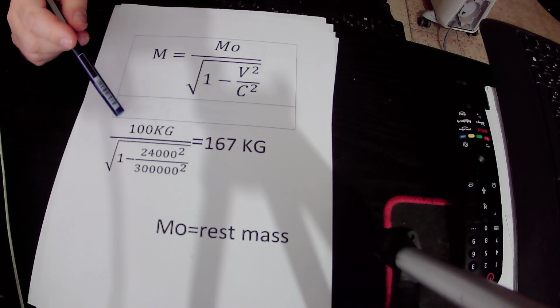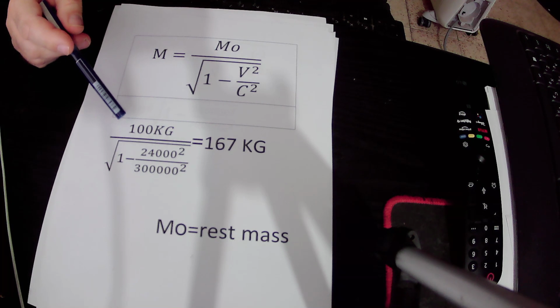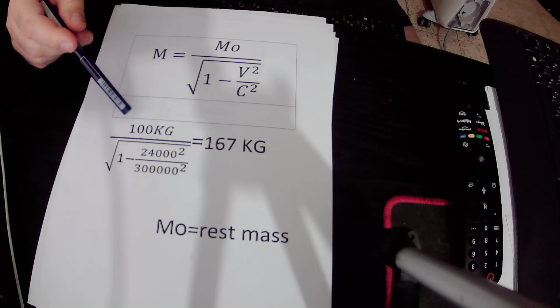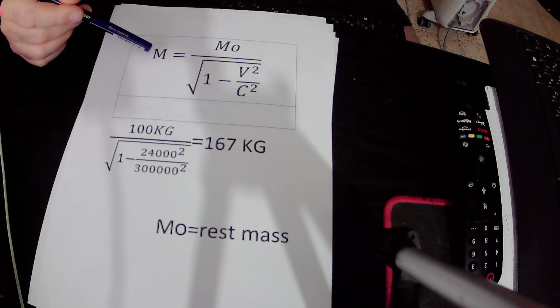We will use that equation in order to calculate what will be the mass of a man that is traveling in the spaceship at a speed of 80% of the speed of light, that is 240,000 kilometers per second, and his mass on Earth is 100 kilograms. So what will be his mass when he travels in the spaceship at 240,000 kilometers per second?